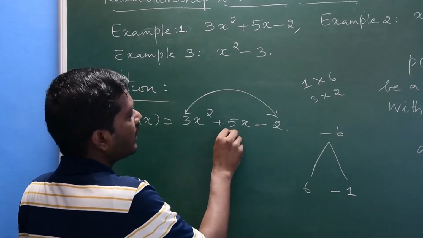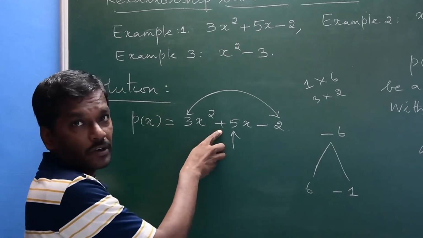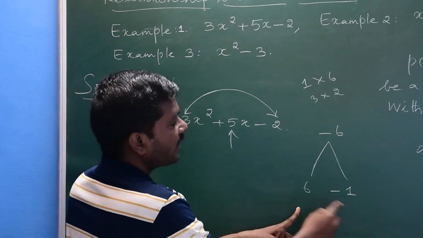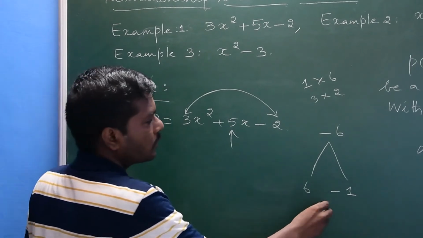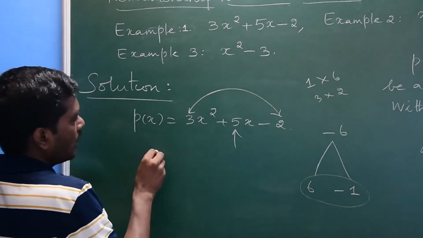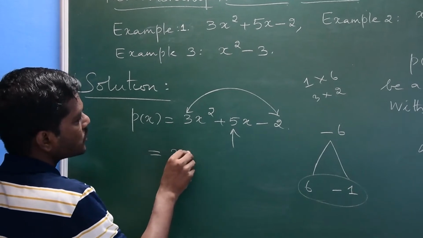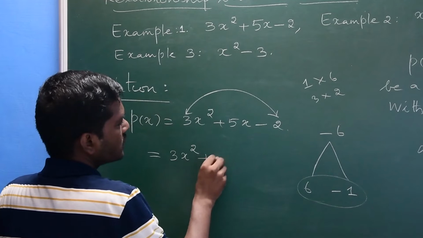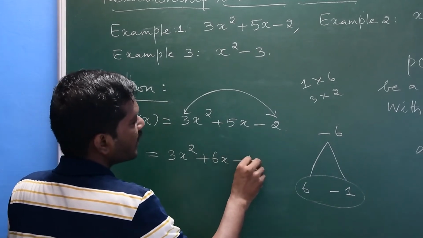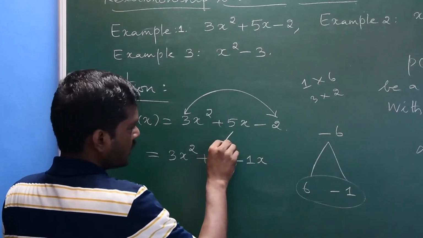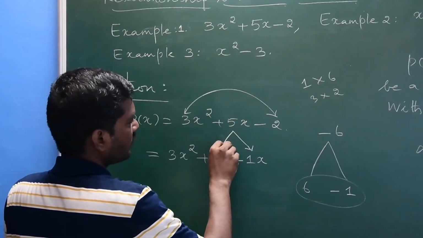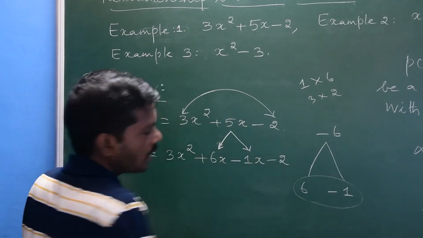But looking at the middle term being positive, the bigger term must be positive. So that is why we have taken this. We split 5x into 6x minus 1x, splitting the middle term into two.